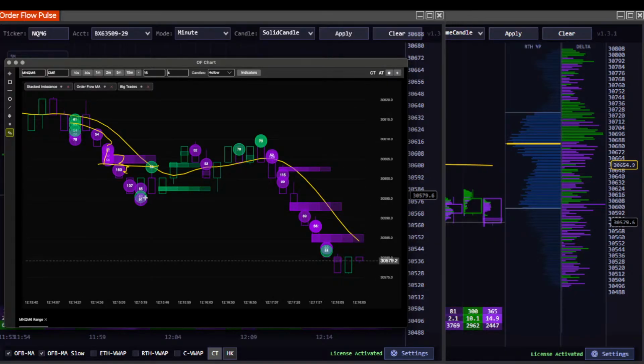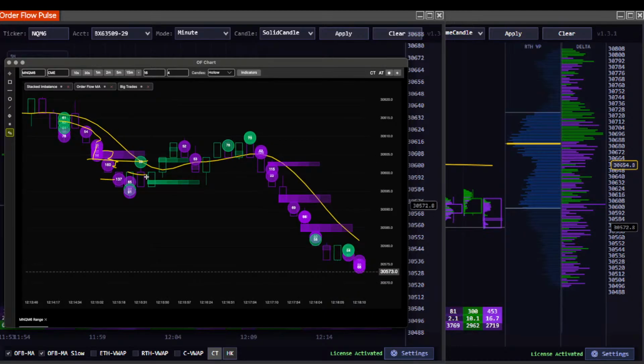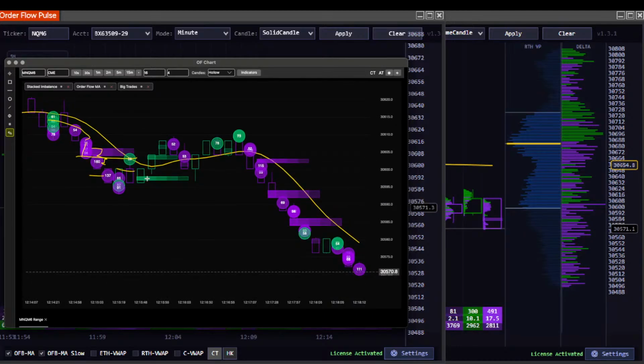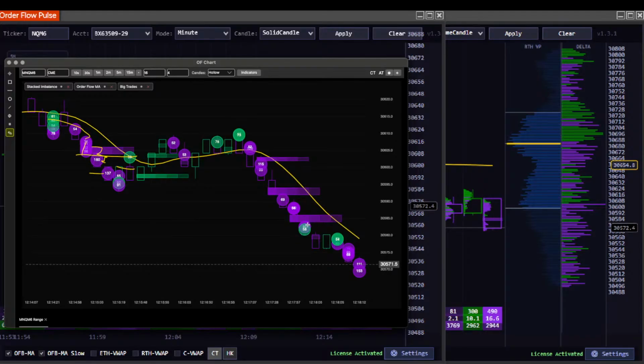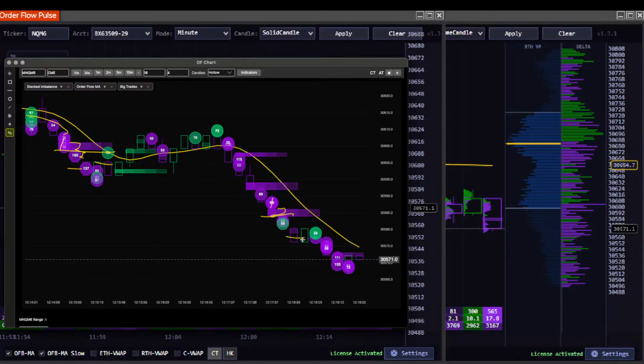It would cover about 4 to 6 ticks, sell about half of it, and then get out of the rest up in here. So that would have been a phenomenal trade, man. I'm excited about this thing.